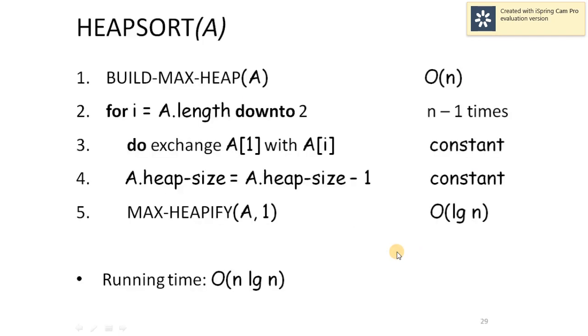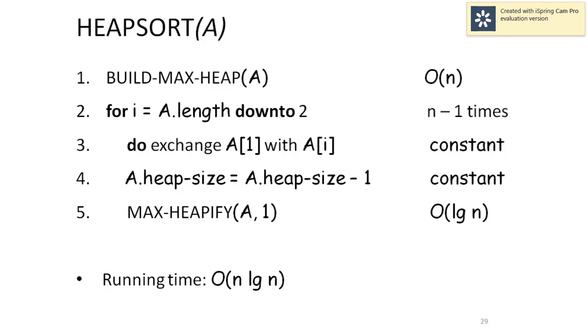So coming to the complexity of the heap sort algorithm. The first step is we have to execute the build max heap function. We know its complexity comes out to be order of n. Then we are executing a for loop from length down to 2. It is going to be executed order of n number of times. Then we have to swap A[1] with the last element, which is a constant time operation.